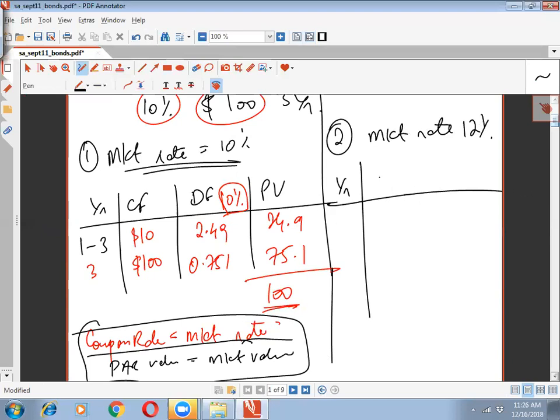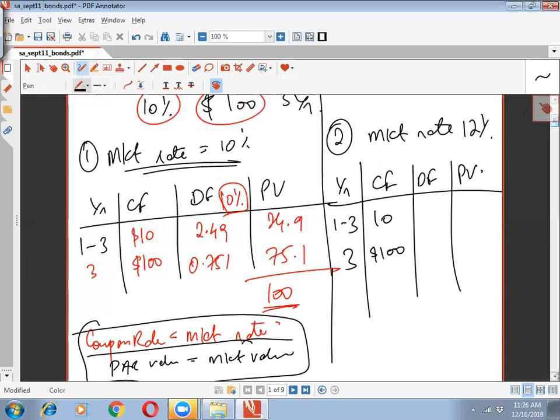So then again, we would say cash flow, we would say discount factor, and we would say the present value. Now when we talk about it, from year 1 till year 3 there is actually going to be a $10. Then year 3, you've got $100. The discount factor is actually 12%. So if we use 12% as a discount factor, what is the total present value of the cash flows?